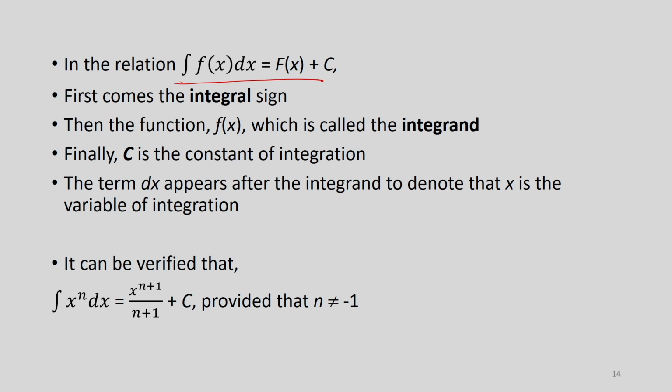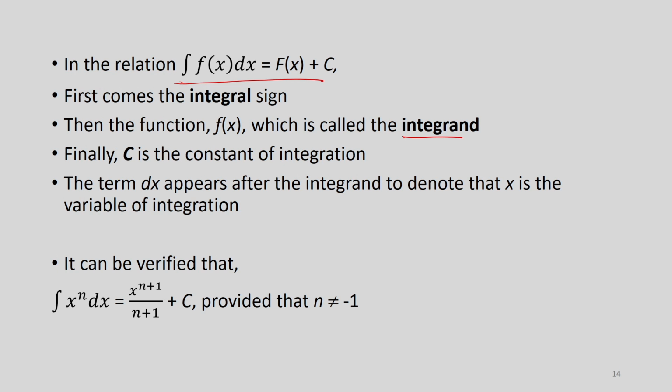First comes the integral sign, then the function that we are trying to integrate, then dx, because x is the variable with respect to which the integration is being done. Here f x is called the integrand, and on the right hand side we have capital F x plus C. C is the constant of integration.